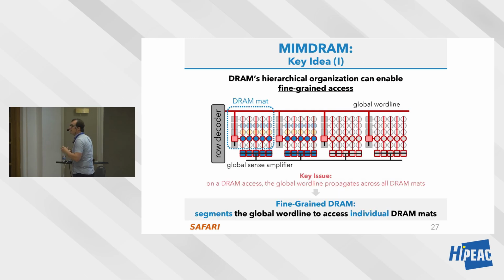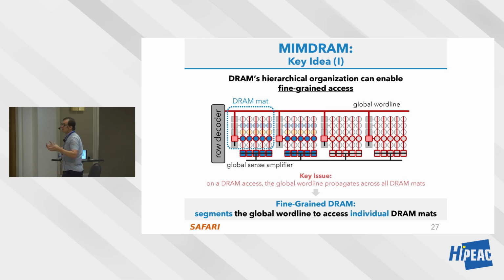So how can you get rid of this large granularity? It's actually a relatively well-known idea, but it needs to be implemented. Basically, if you look at a DRAM subarray, it consists of these smaller structures called mats. So you can see that the subarray is the entire thing over here. Mat is one portion of it. I'm showing you 4 mats here.